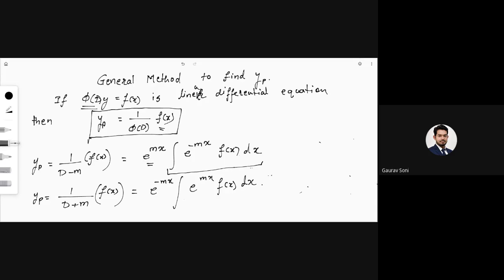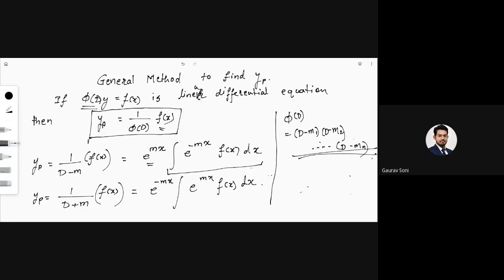We just have to keep one thing in mind here: whatever polynomial phi of d you have, depending on its degree, I can always write it in the form d minus m1, d minus m2, and if the polynomial is of degree n, then up to d minus mn.